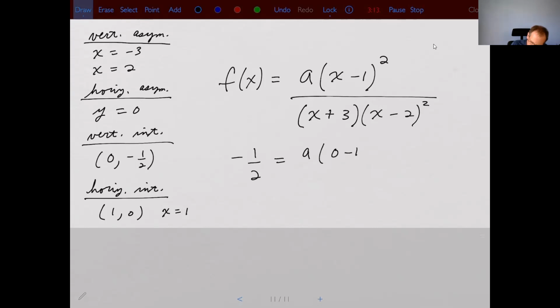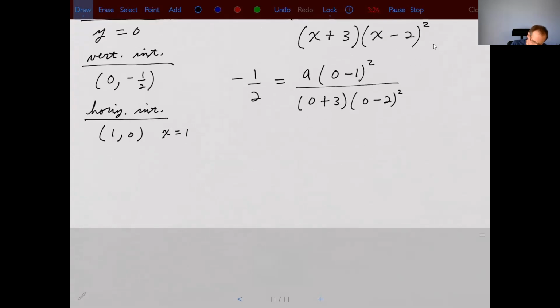So 0 minus 1 squared over 0 plus 3, times 0 minus 2 squared. Okay, so negative a half equals a, times negative 1 squared, which is positive 1, over negative 2 squared, which is positive 4. Positive 4 times 3 is 12.